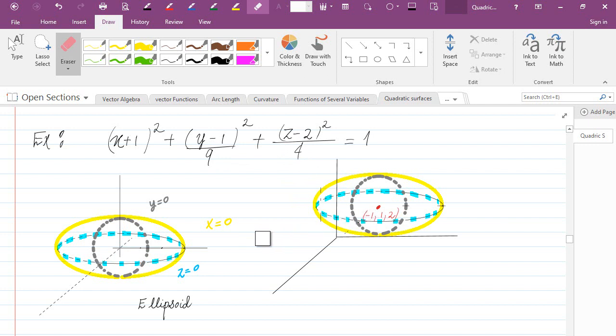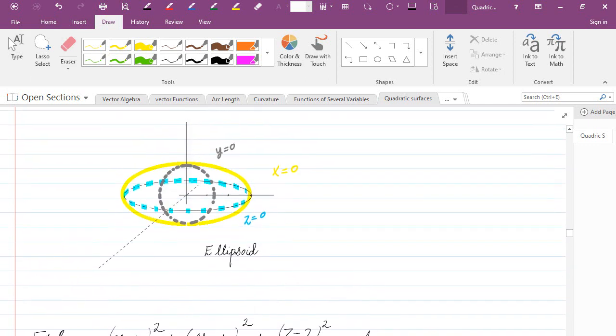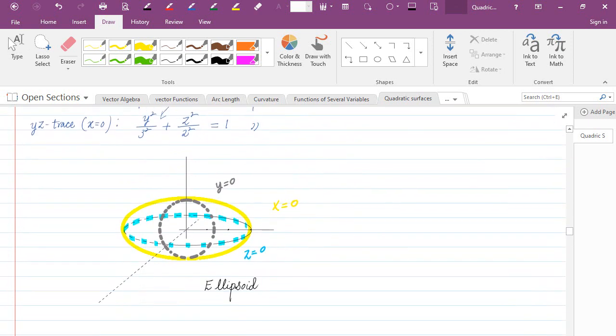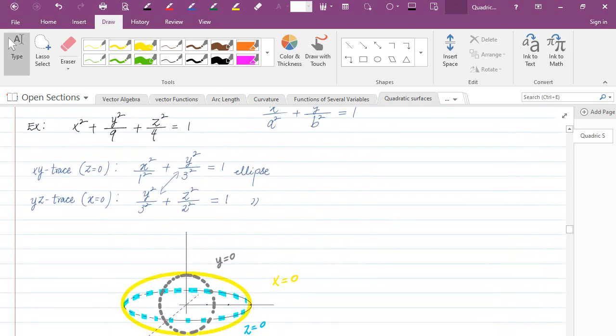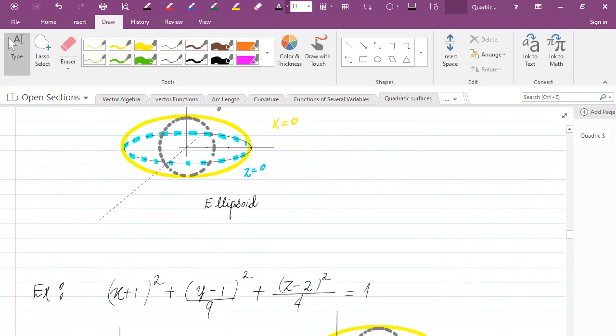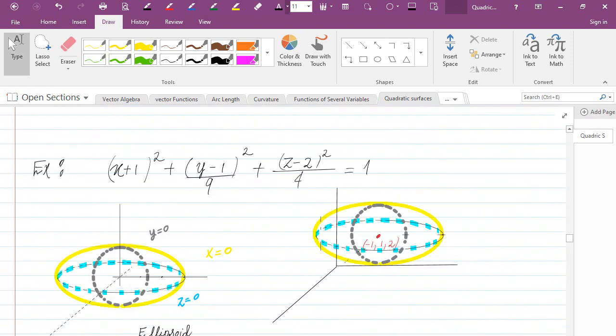The reason is, anytime you have a point on the graph of this one, a point on this graph would be found by subtracting 1 from the x coordinate, adding 1 to the y coordinate, and adding 2 to the z coordinate.